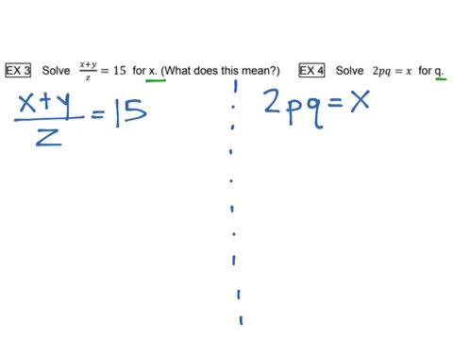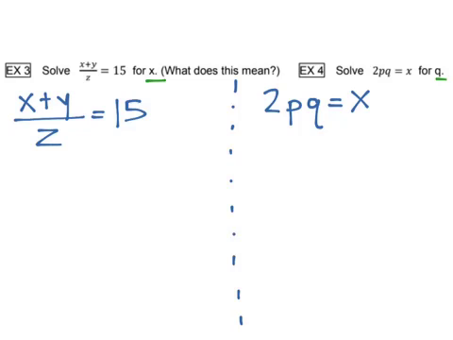But in this case, we have a fraction, so what we actually have is x over z plus y over z. If you rewrite it like that and solve that equation, you'll come up with the same answer. But when you see a fraction line like that, in my opinion, it's best to just multiply both sides by the bottom of the fraction.